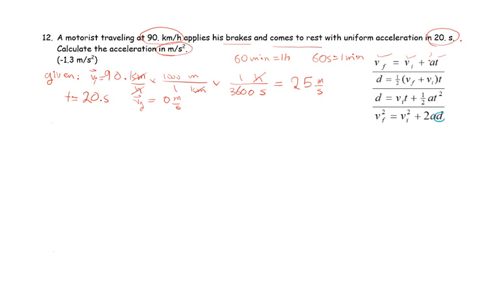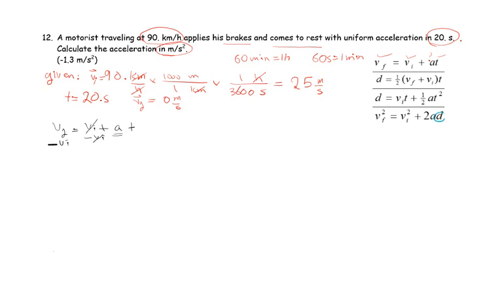So you have VF equals VI plus AT, and we want to have it in terms of A. First we subtract the VI from both sides, so VI and VI cancel.